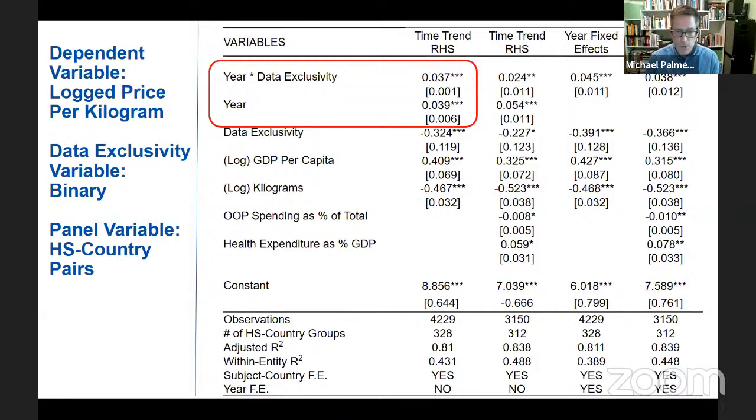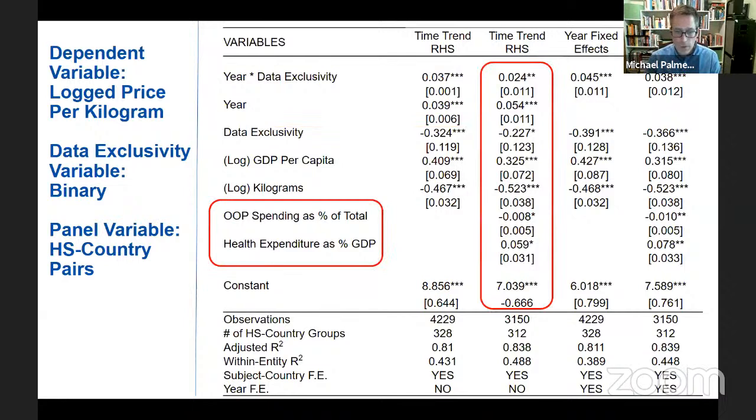One quick thing to note here is that the control value variables for GDP per capita and logged kilograms make sense and are significant. So the overall model seems to make sense. Moving on to the next regression, here I add 2 additional controls for things to do with the health system: out-of-pocket spending as a percent of total spending and health expenditures as a percent of GDP.